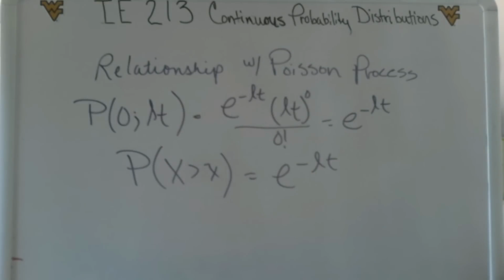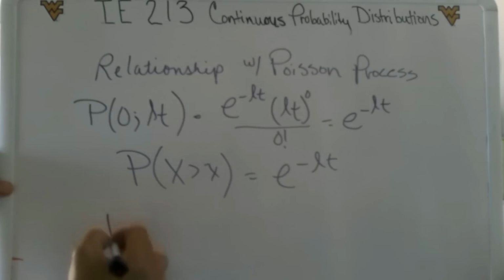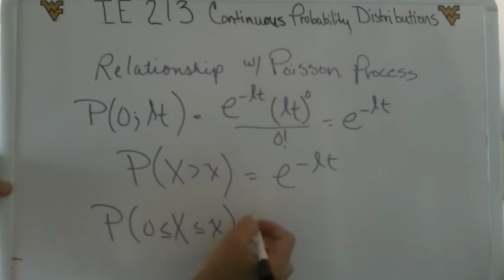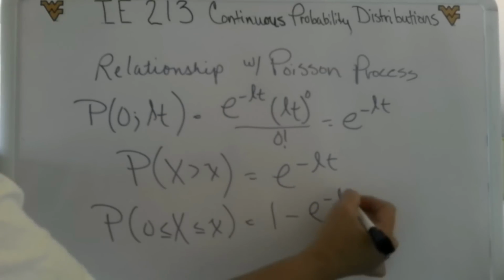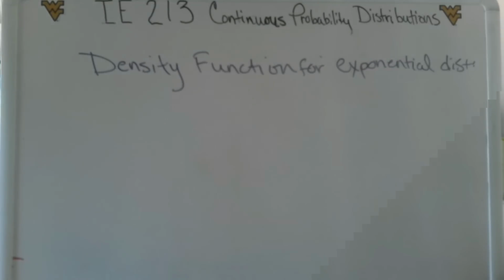Thus, the cumulative distribution function for x, the probability that x is between 0 and little x, would be equal to 1 minus e to the minus lambda x. And that is the cumulative distribution.